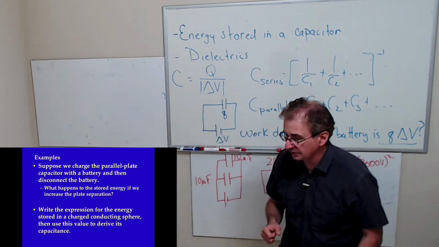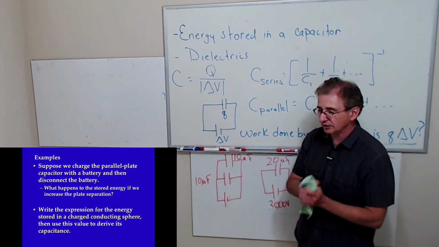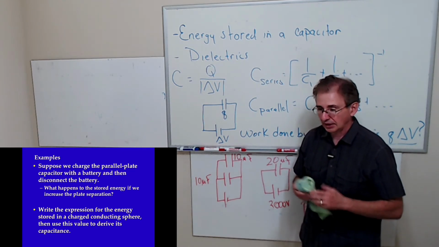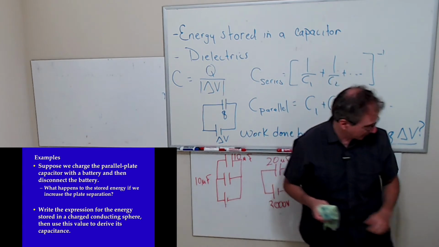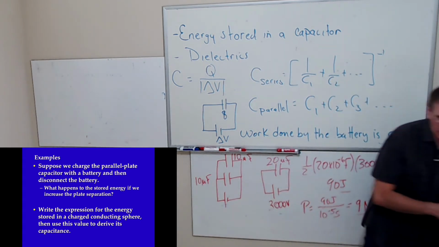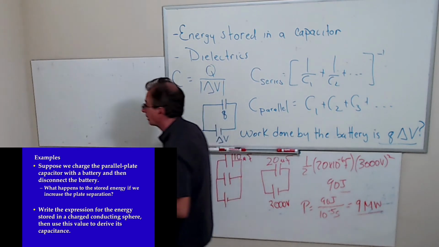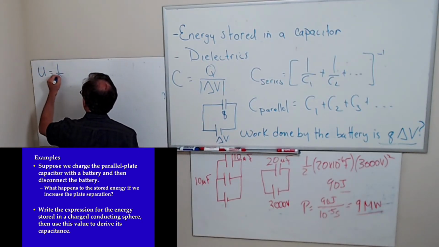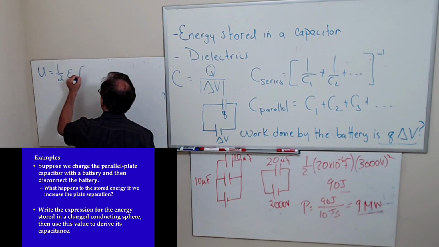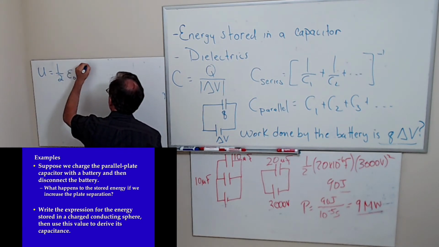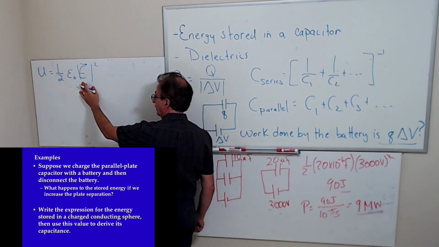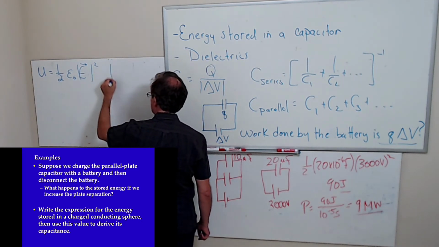I want to look at the expression for the energy stored in a conducting sphere and highlight what that equation means, the equation for the energy density. Given this expression, and I'll be more precise, it's the magnitude of the electric field, and this expression.